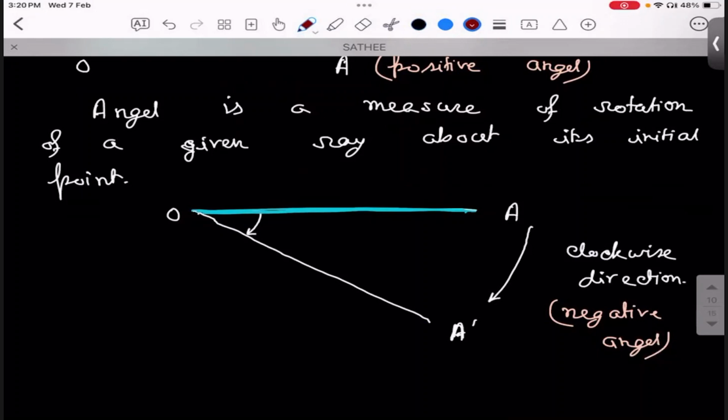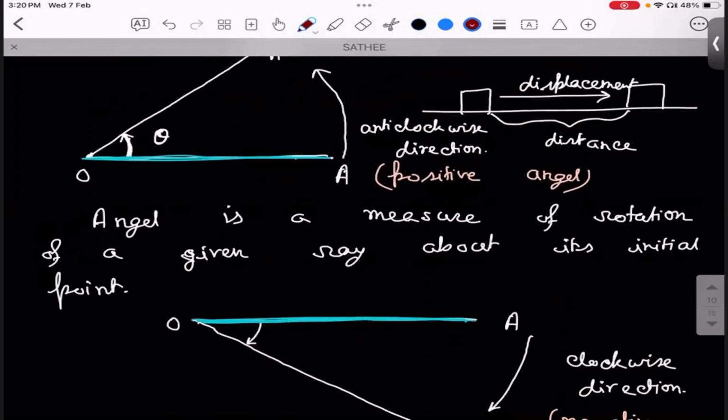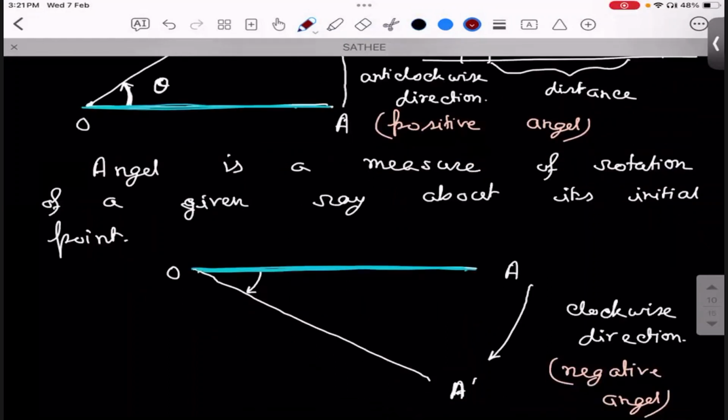So what is a positive angle? What is a negative angle? A positive angle is when the initial ray and terminal ray make an angle in the anti-clockwise direction, like starting from the initial ray, the terminal ray goes in the anti-clockwise direction. Then we say the angle is positive. And if the ray starts from the initial position and goes to the terminal position along the clockwise direction, then we call it a negative angle.